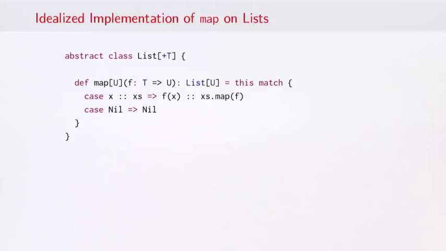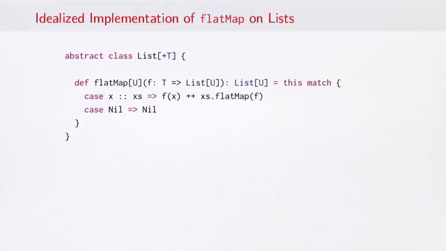So that was map. If you want to learn about flatMap, the easiest way to do that is to study the differences with respect to map. So the first difference you see here, the function we pass to flatMap now doesn't return a single element, but a list of elements of an arbitrary type U. But it again returns a list of U's. So its implementation is again a pattern match.